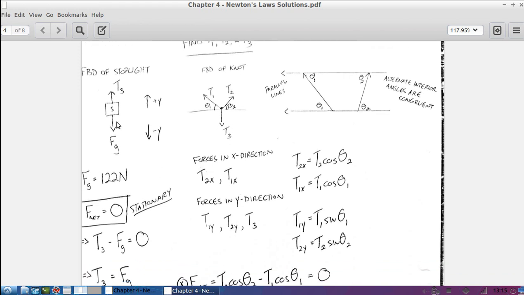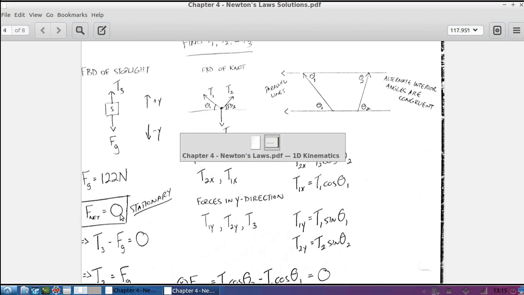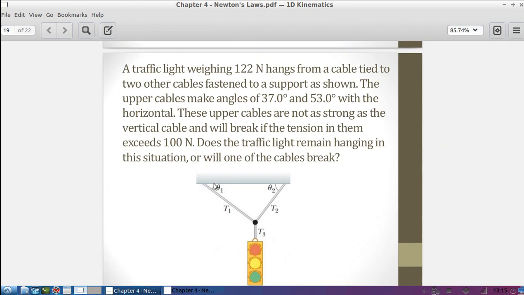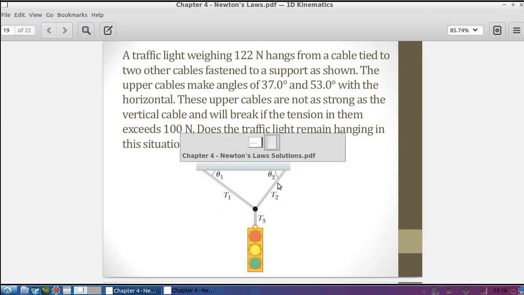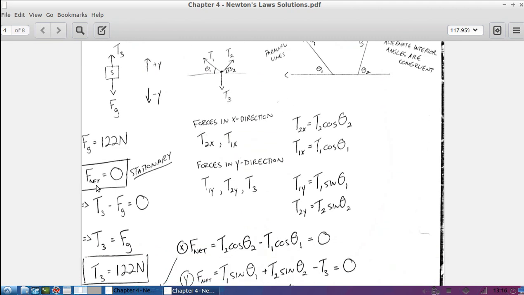The net force on the stoplight is 0, because it's being suspended from a cable and it's motionless. It's not swaying in the breeze or moving up and down. It's stationary, which means it's not accelerating. Its motion is constant, so the net force is 0.